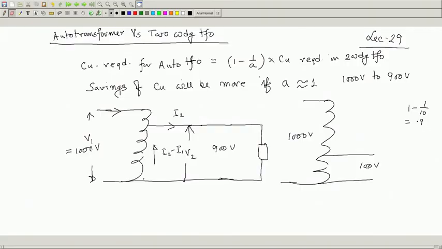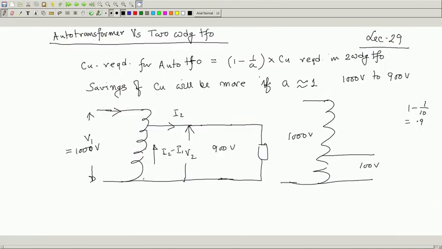But in this case, whoever is working here at 900 volt must have taken enough precaution to work at this voltage, right? And the voltage will only shoot up a little, maybe by 10%, 5%, if an open circuit occurs.